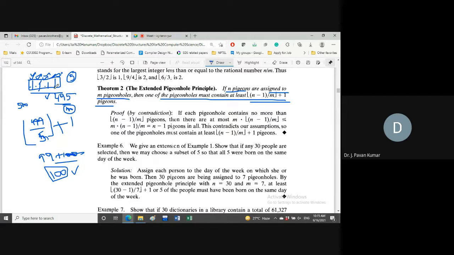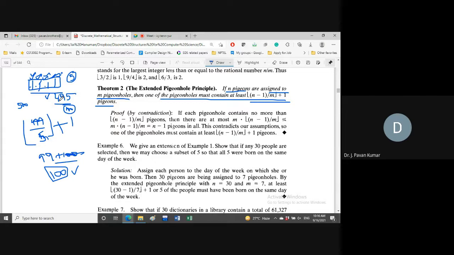Is there any counter case that you can give where this particular statement is false? Like you can argue, I'll put 200 in one, and the remaining 300 I can distribute to the remaining 4. But what is the statement? At least one pigeonhole will contain at least 100 pigeons.